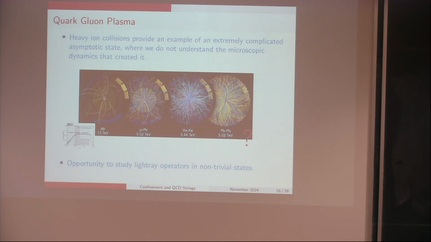Trying to measure these multi-point correlation functions of light ray operators gives you the possibility to start trying to understand the behavior of these light ray operators in non-trivial states. As I'll show, this also allows you to probe higher twist operators in the OPE in a nice way.